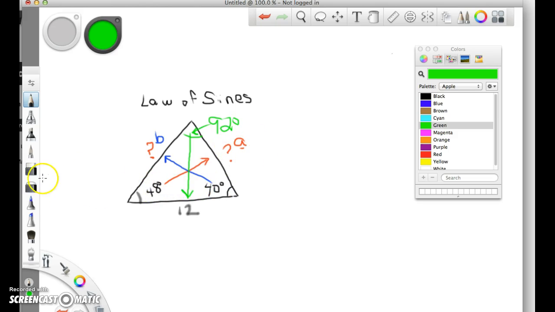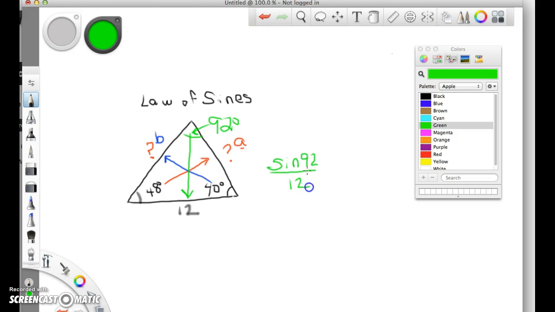So you make a proportion. What you do is put the sine of 92, I'm going to use green for this one, divided by 12.